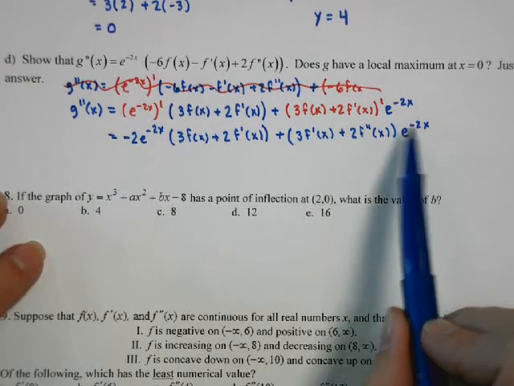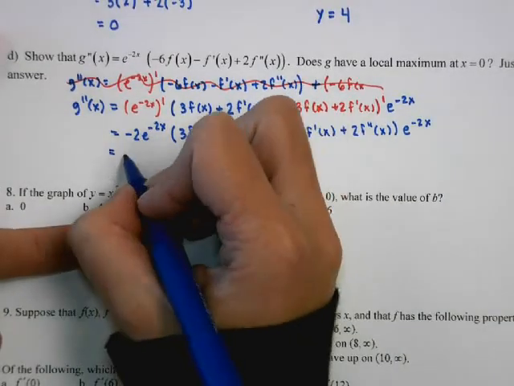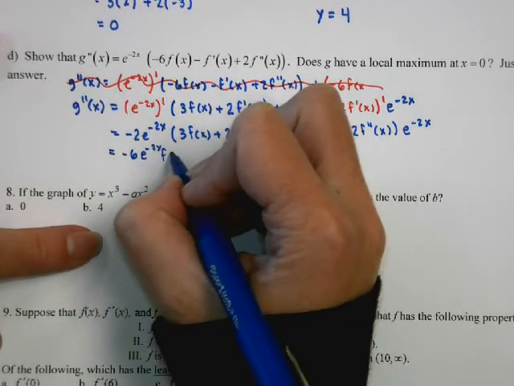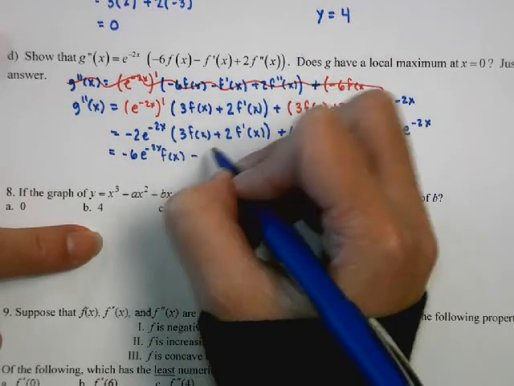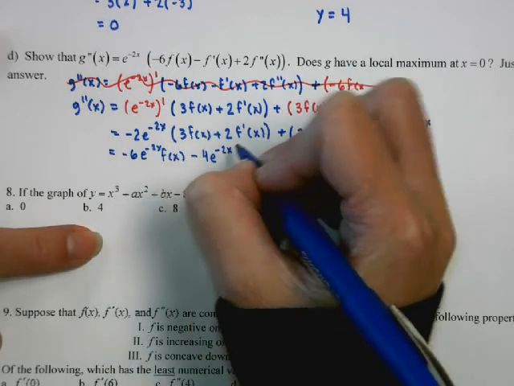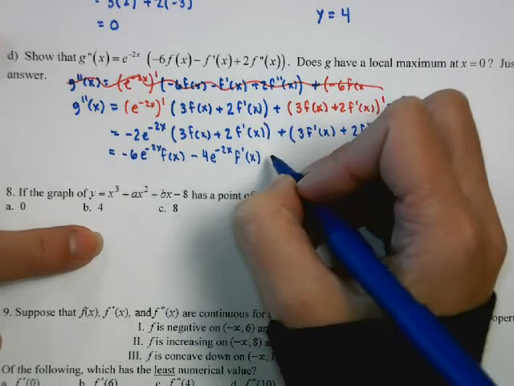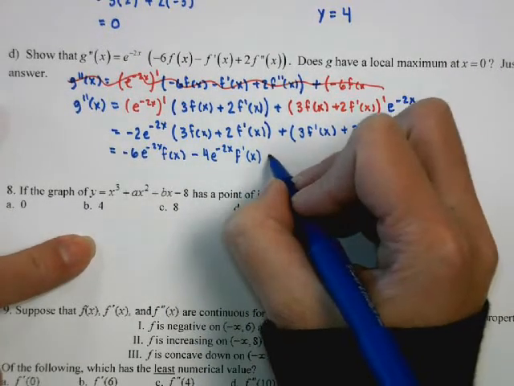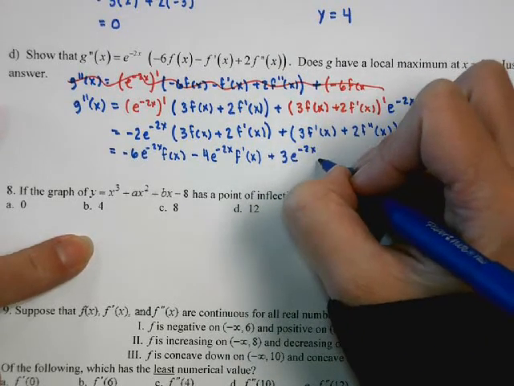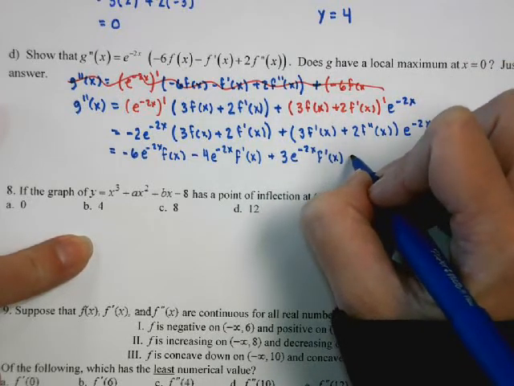So we're going to have a negative 6 e to the negative 2x f of x, minus a 4 e to the negative 2x f prime of x, plus 3 e to the negative 2x f prime of x, plus 2 e to the negative 2x f double prime of x.